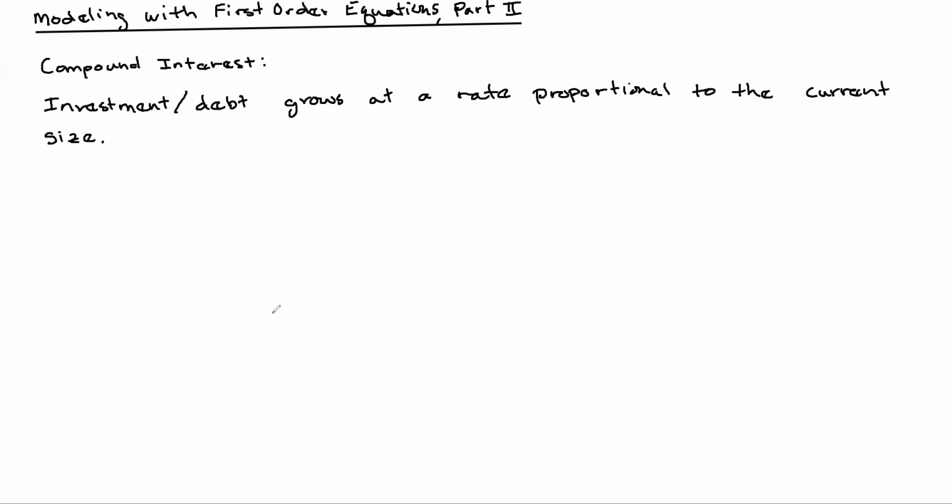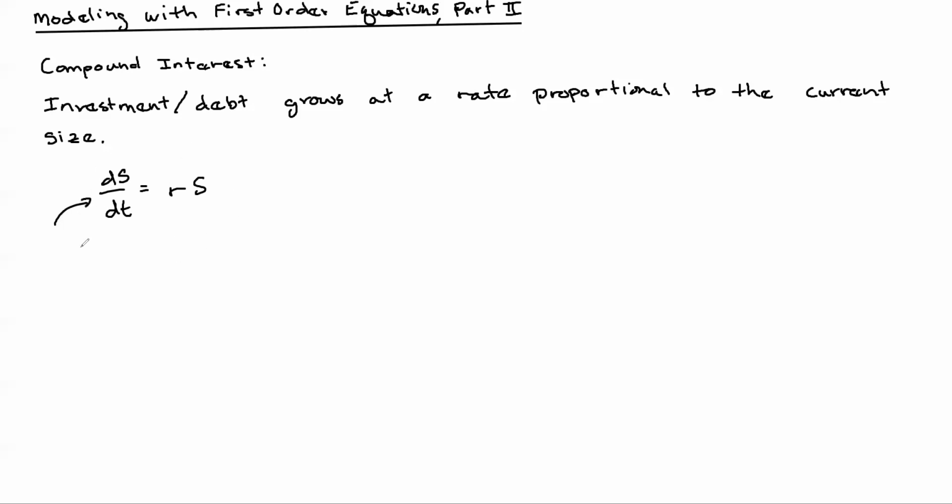So this is similar to population growth, and we went through and modeled population growth in an earlier video, and we could use the same model for investments. Okay, and so this is that model.